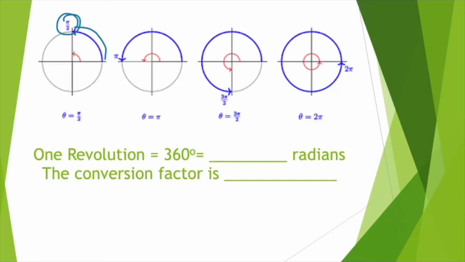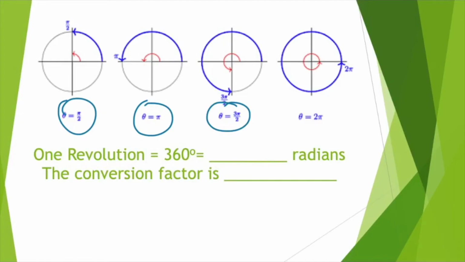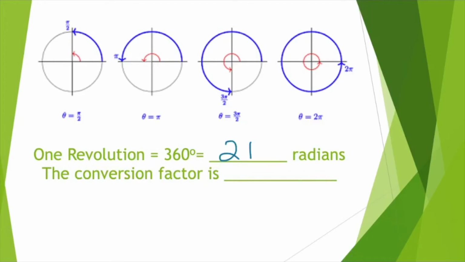Well, 2 pi divided by 4 is half pi. So this right here is half of pi. If we go 3/4 of the way, our 2 pi times 3/4 is 3 pi over 2. One thing we need to remember, that one full revolution is 2 pi radians, and our conversion factor was 180 degrees equals pi radians.